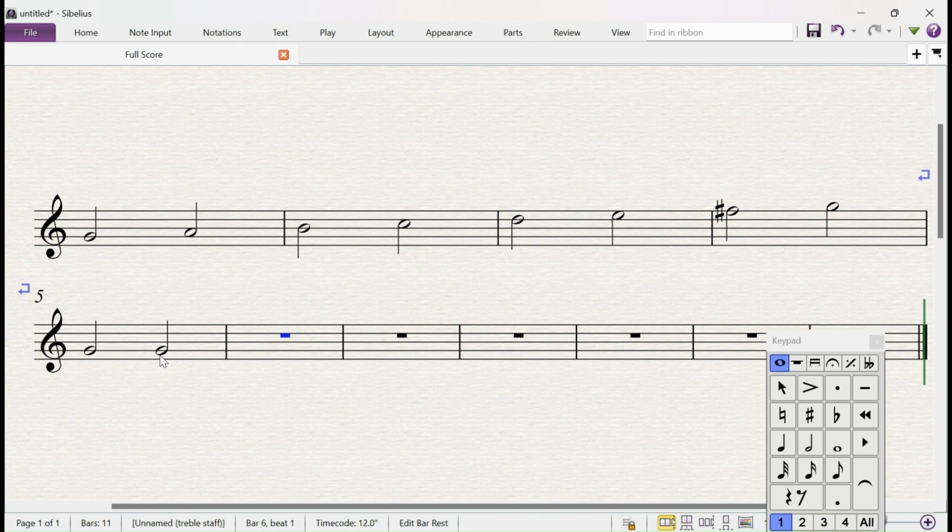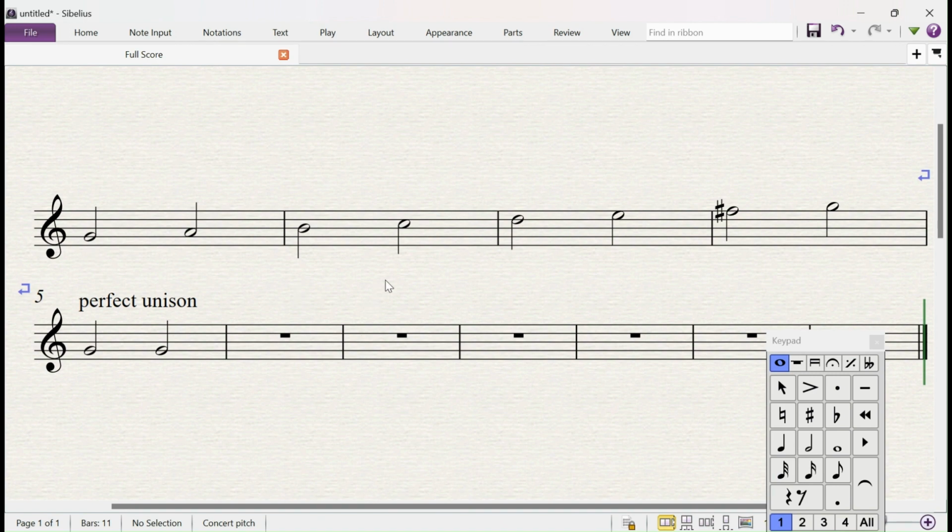So from G to G, because G is in the scale, we call that a perfect unison. Once it's in the scale of the bottom note, and the bottom note is G, so we're going to pretend it's G major.